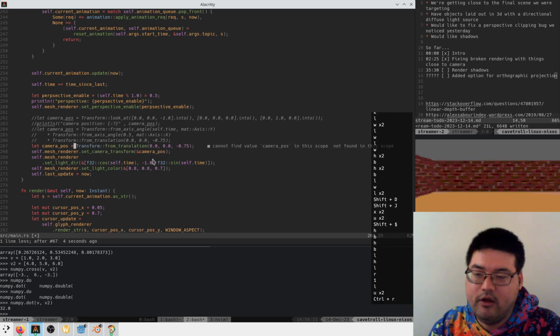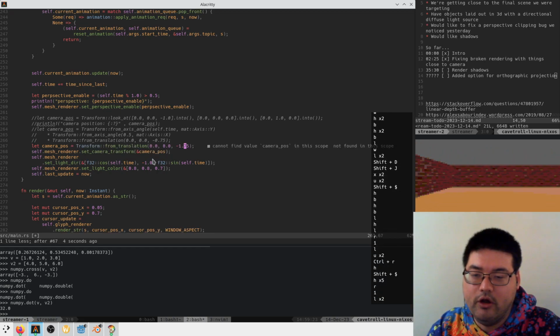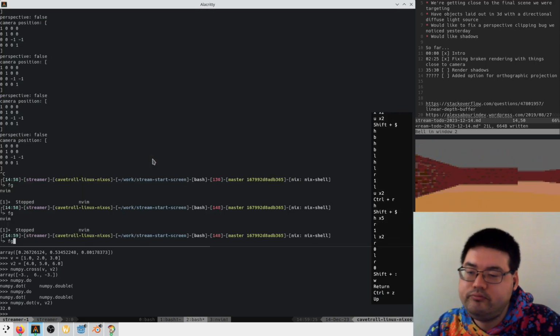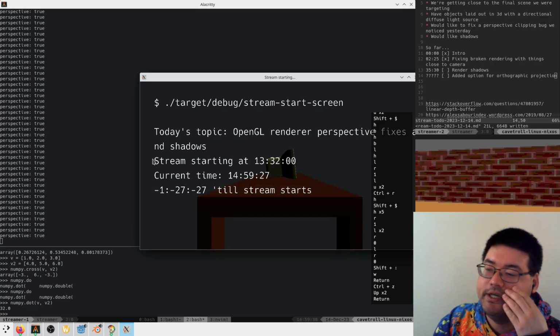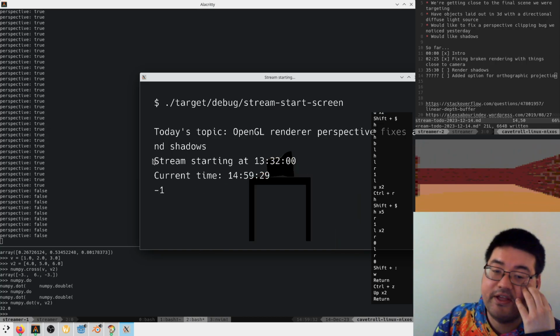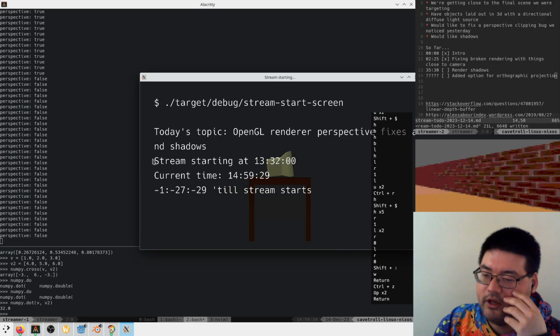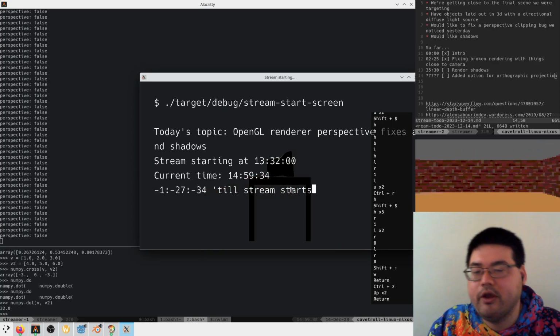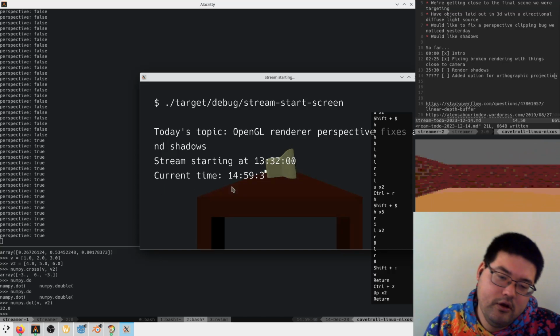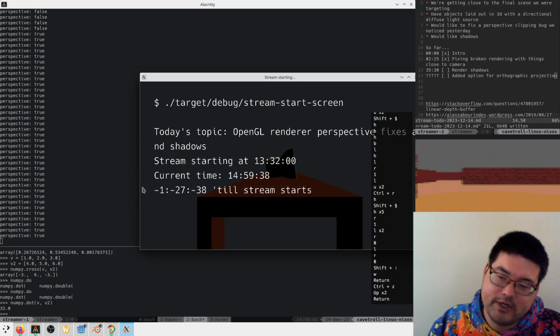So we should be saying, please move backwards 1.0. Yeah, see, this is what I expect to be seeing. Could be a left-hand versus right-hand issue. Yeah, that seems very likely to me. I'm almost positive that's true. Okay, so we should be seeing it from the side. And our perspective should not be changing.